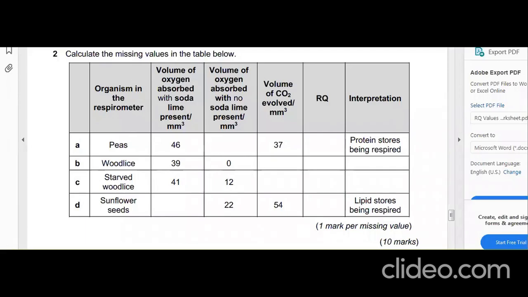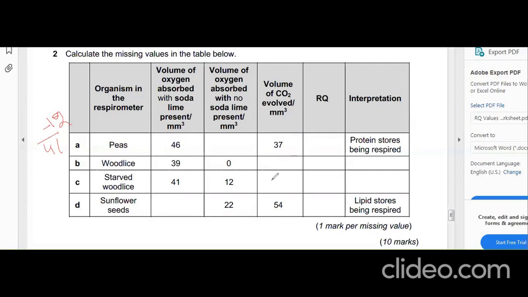For the other one also, you can use the same formula. The volume of oxygen absorbed with soda lime, X, is given to you, and it is 41. The volume of oxygen absorbed with no soda lime, Y, is given to you as 12. The volume of carbon dioxide evolved is not given.